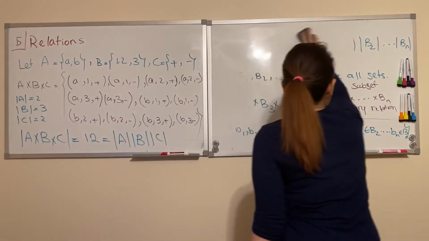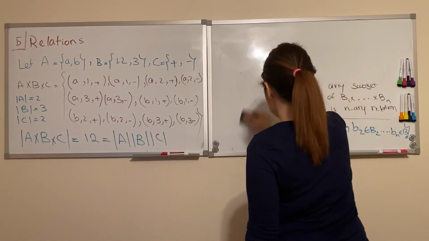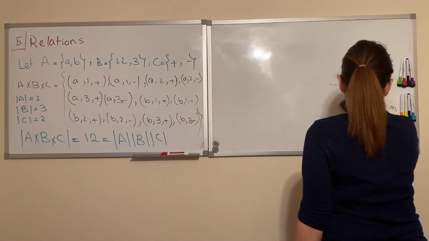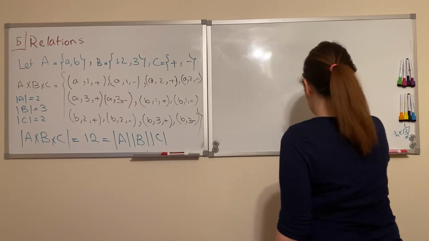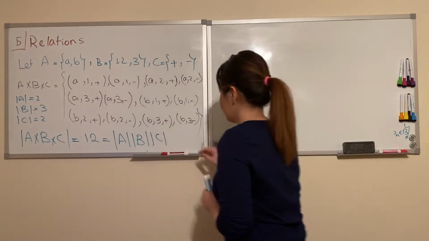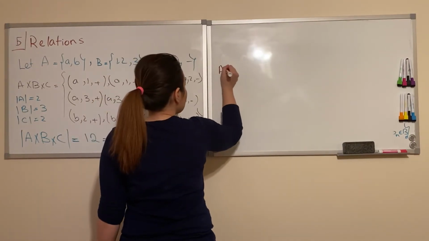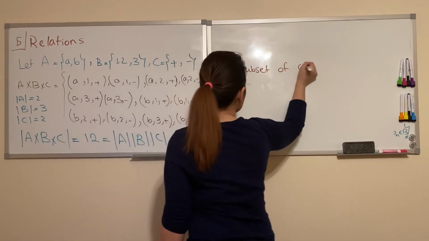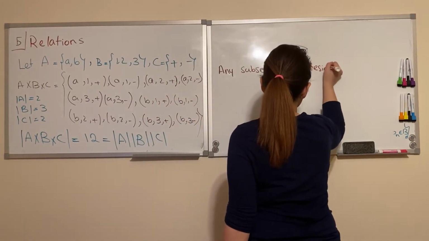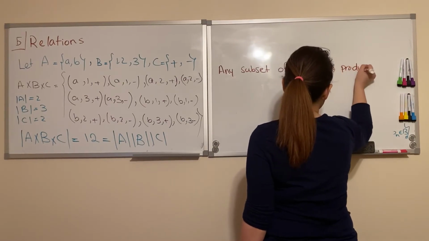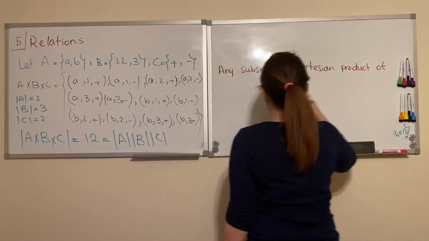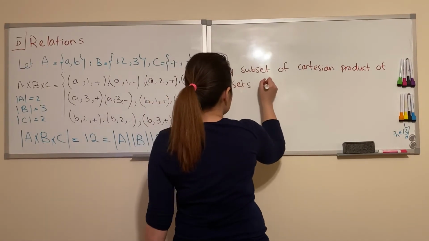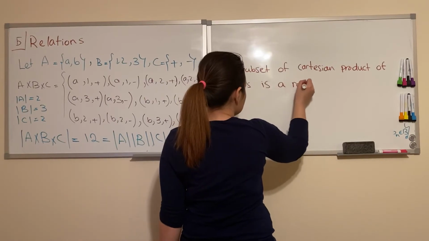I'm going to write that here. Any subset of the Cartesian product of some set, or let's say n sets, is a relation.